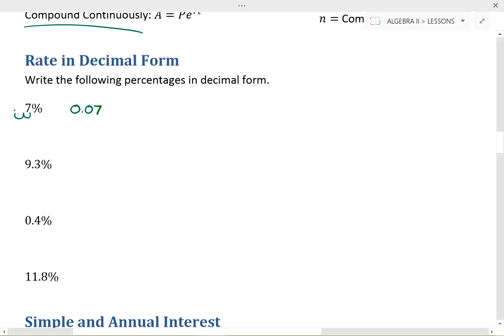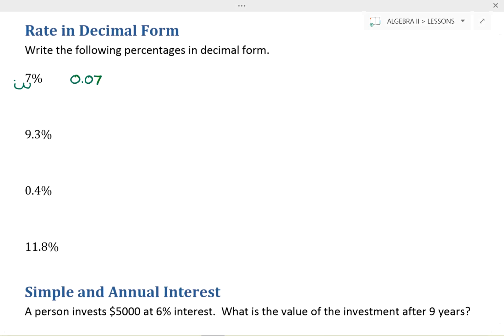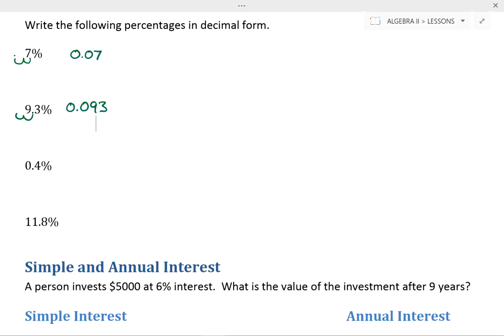0.07. Another way to think about that is take the percentage and divide by 100. 7 divided by 100 is 0.07. So 9.3%, again, taking that decimal place and moving it over, would be 0.093. Now, this one we have to be careful with because we're already in a decimal, but it's in percentage. So we still divide by 100 or move it over two spaces.